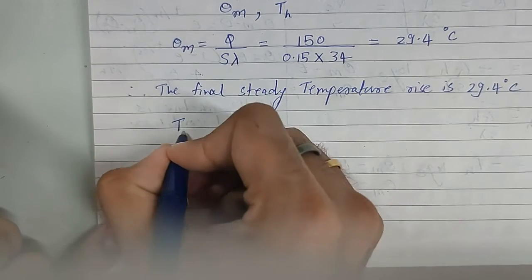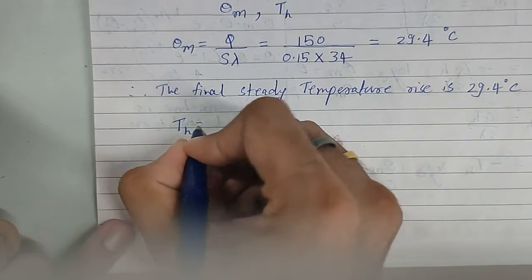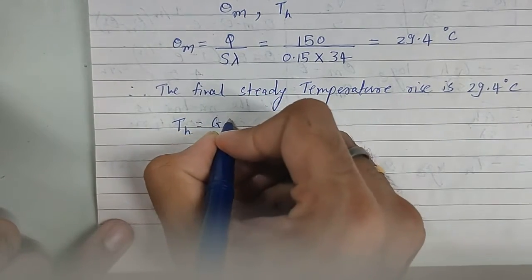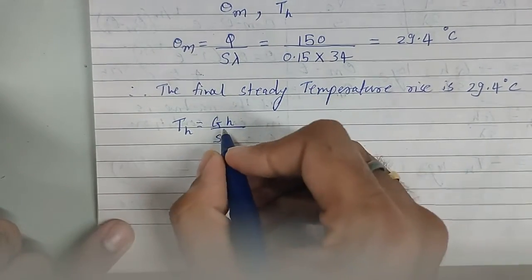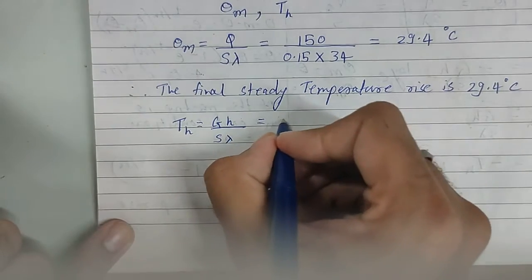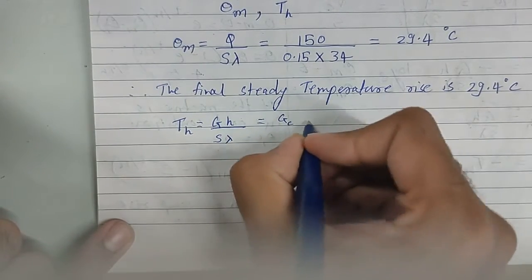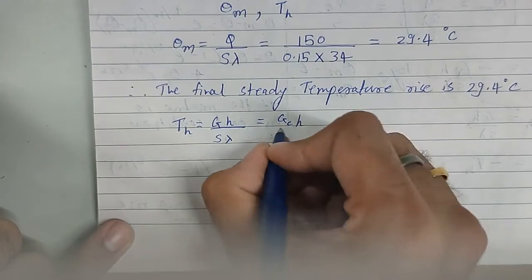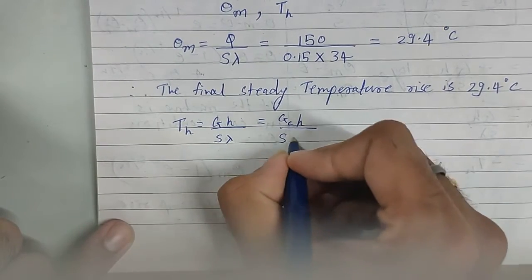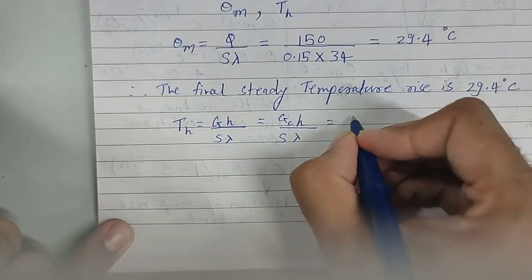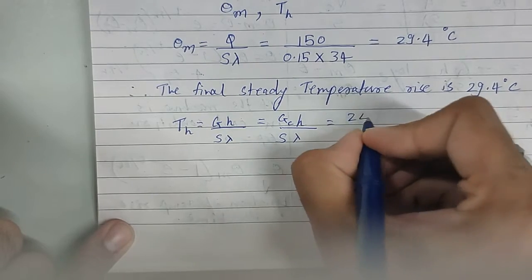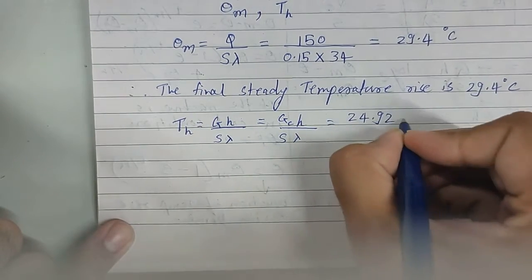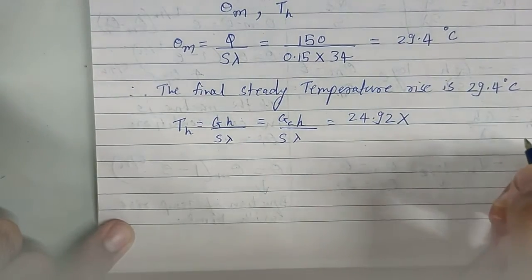You know the formula for heating time constant. TH is capital G into h upon S lambda. Instead of capital G, what we have here is GC, with small h, into capital S into lambda, where capital G, as we have calculated, is 24.92 kgs multiplied by h.